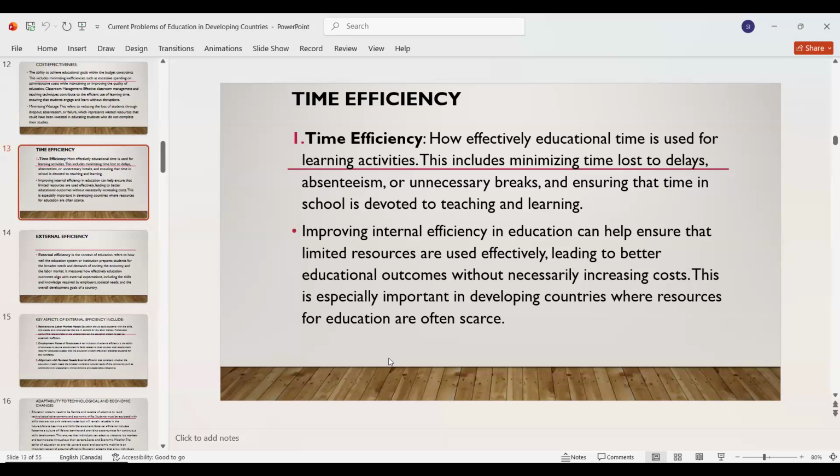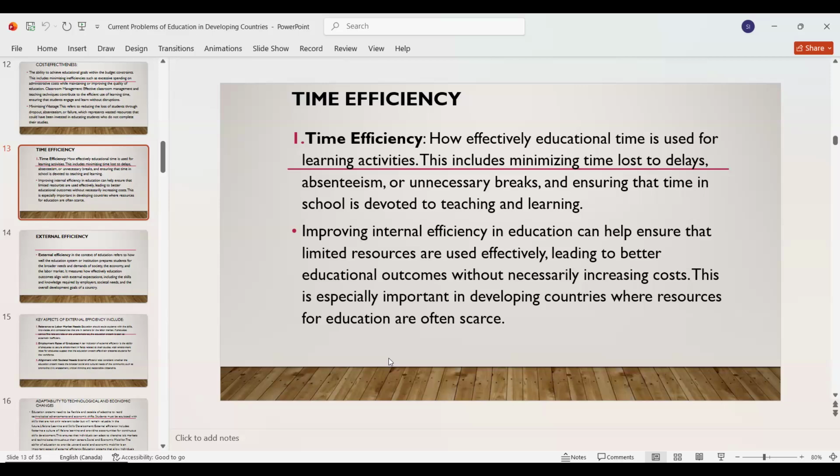They are coming and reading something and going back home, right? So why is it happening? There's no monitoring, right? So improving internal efficiency means there's a person to monitor. Who is going to monitor? The principal, right? So improving internal efficiency in education can help ensure that limited resources are used effectively.